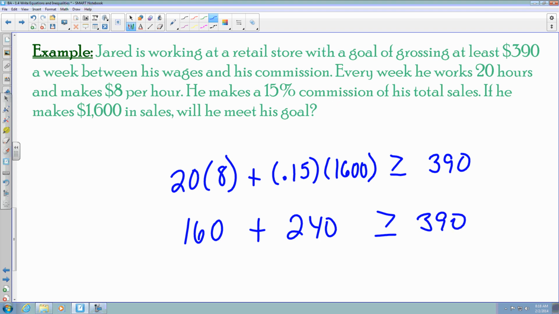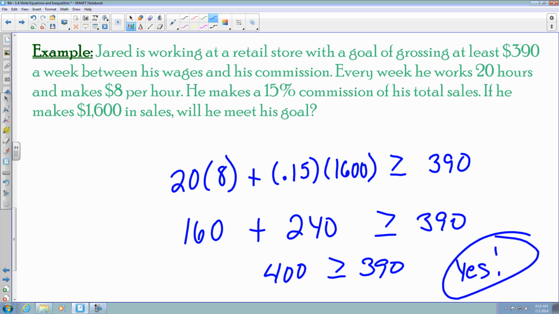So 160 plus 240 gives you 400, and is this in fact greater than or equal to 390? Yes, it is. So if Jared does make $1,600 worth in sales, he will meet his goal.